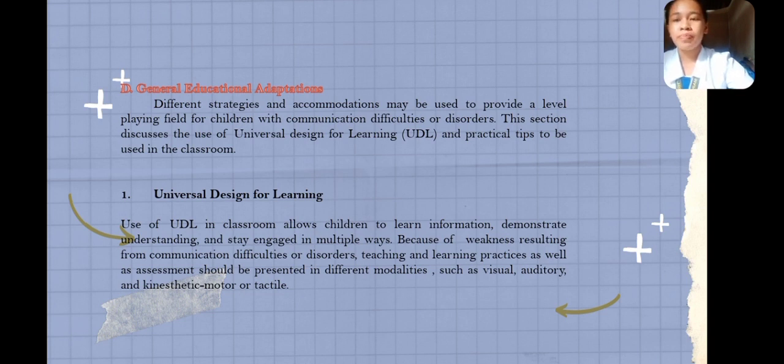Because of weakness resulting from communication difficulties or disorders, teaching and learning practices as well as assessment should be presented in different modalities, such as visual, auditory, and kinesthetic, motor or tactile.